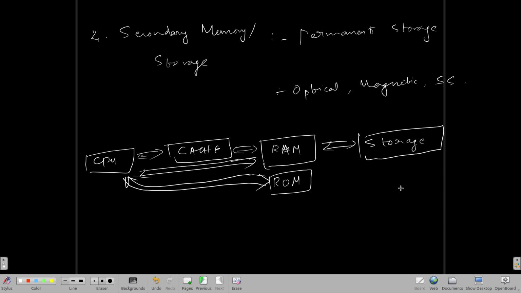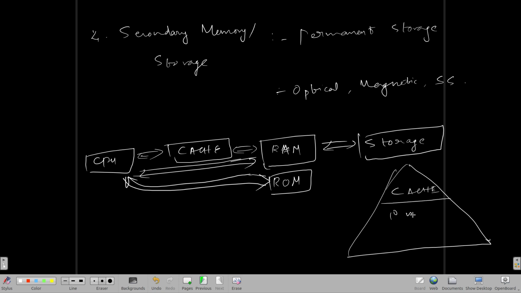As far as proximity, speed and capacity change, this is how it is usually depicted in textbooks. We have the cache, then we have the primary memory, or main memory.